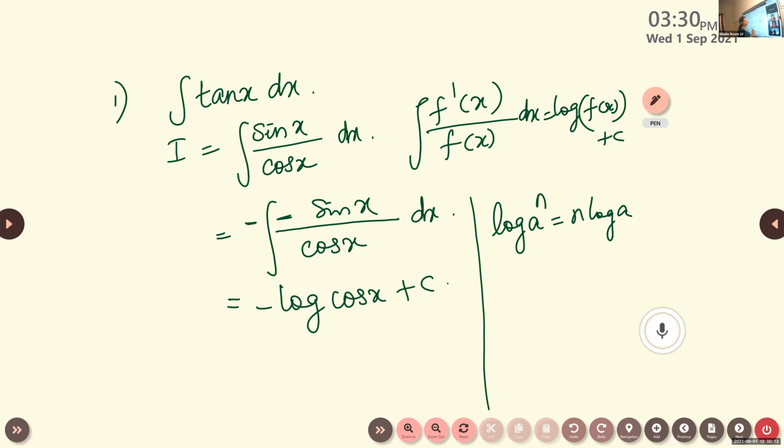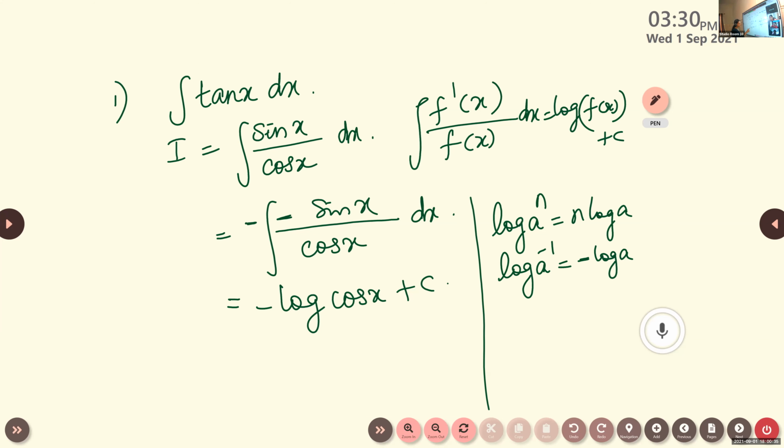So the power will move to the front. Log a raised to n means it is n into log a. So if it is log a raised to minus 1, what you will get? It is same as minus log a. Minus 1 means it is minus 1 into log a, which is same as minus log a.